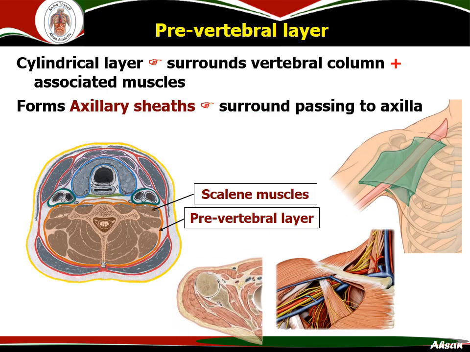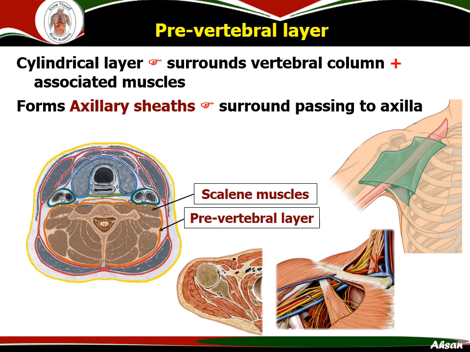It carries the structures from the neck to the axilla and upper limb, and also from the upper limb structures going back. This is in a canal, and this prevertebral fascia extends as a canal around these structures, and it is known as the axillary sheath.